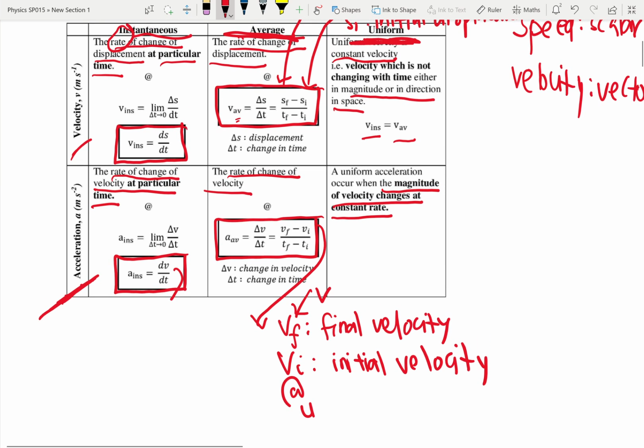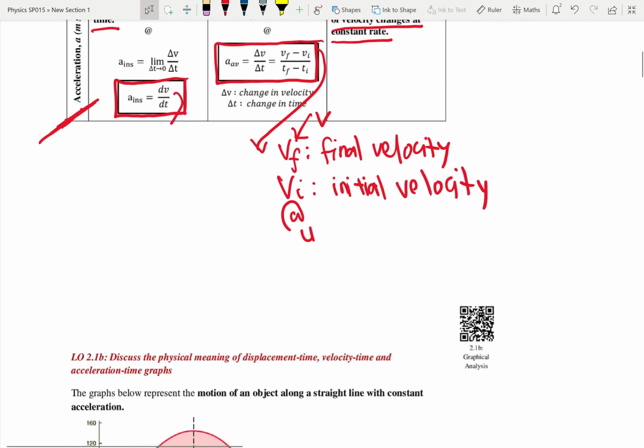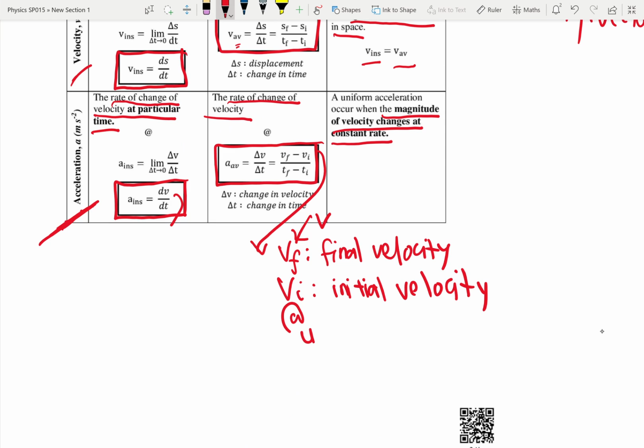That means it changes the speed or velocity at a constant rate. That means it still has a change in speed, it still has a change in velocity, but at a constant rate.